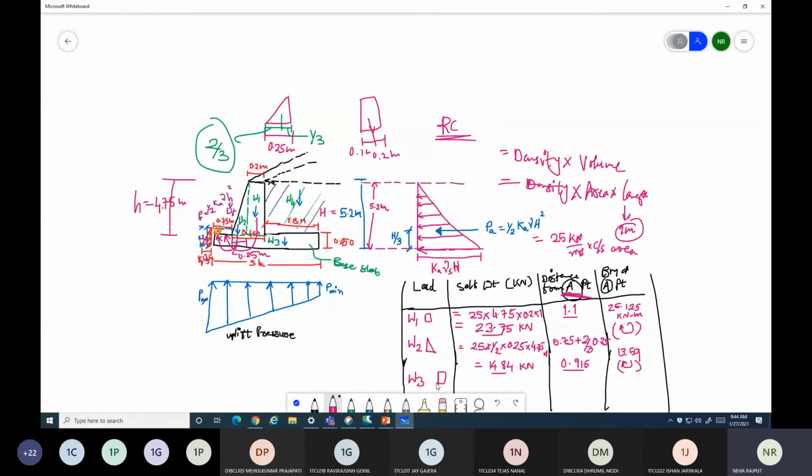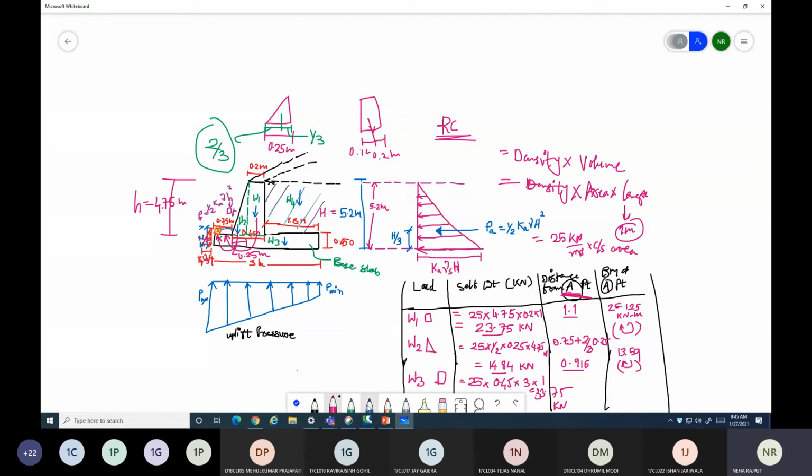Again W3 is rectangle. Now area will be 25 density into 0.45 into 3 into 1. So this will be your 33.75. This is 33.75 meter. Sorry, kilonewton. Right.